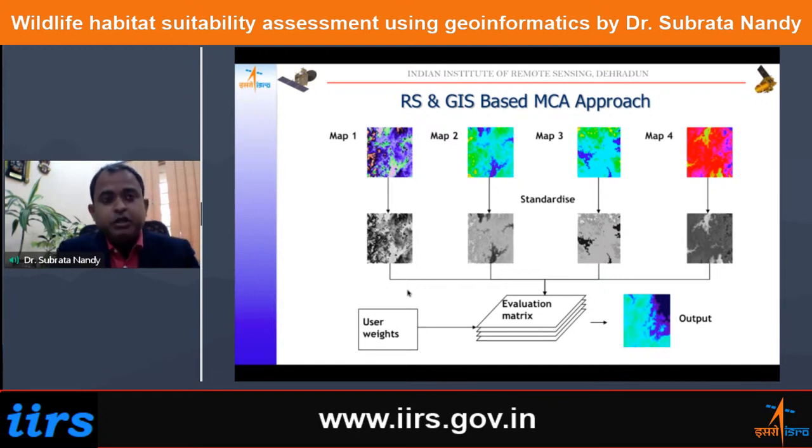With this modeling, you can calculate the weights to be assigned to each of these layers, so that when you combine them, you get an output which is a habitat suitability index map.